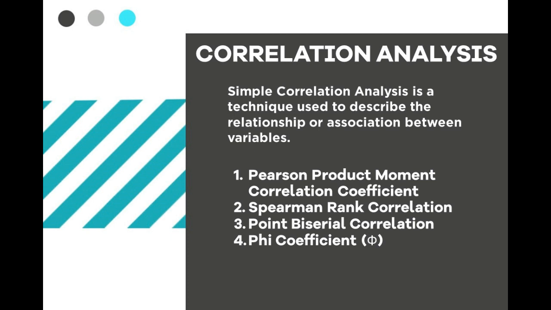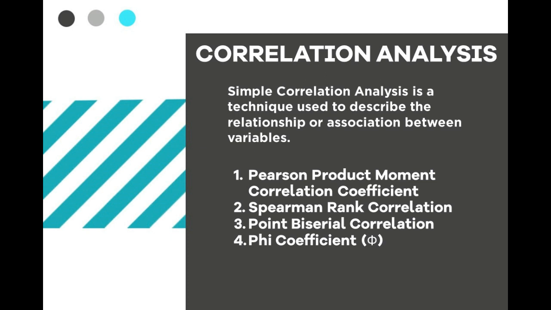So, a simple correlation analysis is a technique used to describe the relationship or association between variables. So, in correlation analysis, we can use Pearson product moment correlation coefficient. We can also use Spearman's rank correlation. Next, we can also use Point-biserial correlation, and the last one is the phi coefficient.